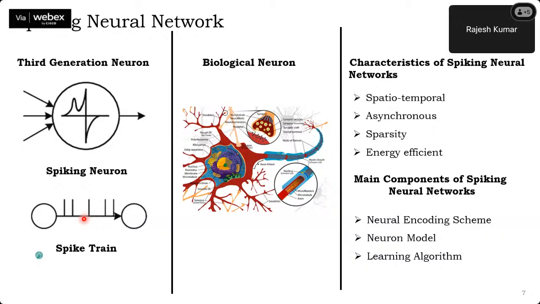And that is our today's agenda: how the spiking neural network works, what is the philosophy, what is the biological aspect behind it, how mathematicians convert it into model form, and how we can use it for our purpose. Their characteristics are spatio-temporal, asynchronous, sparsity, and energy efficient.